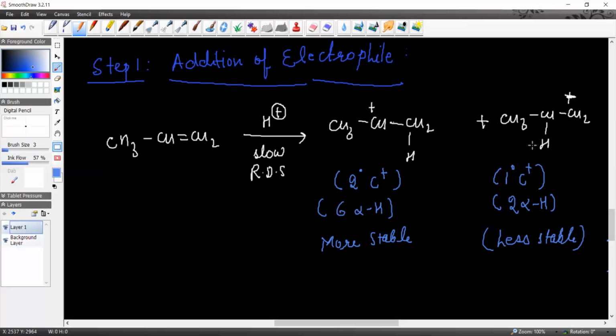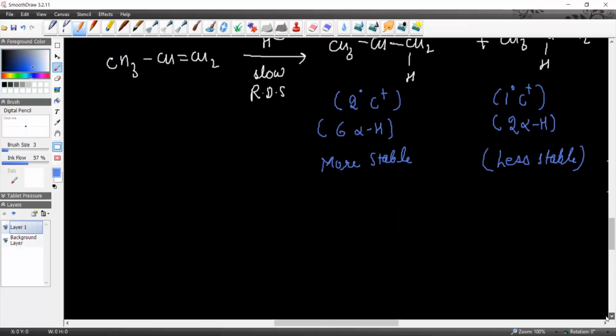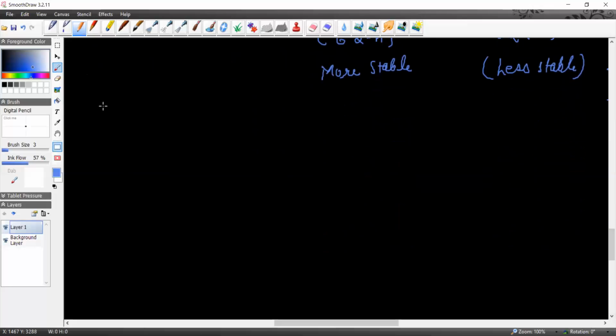I'm not saying that it cannot be formed, but in majority, only the 2-degree carbocation is formed. So on addition of electrophile to an unsymmetrical alkene, we get mainly the 2-degree carbocation, which is more stable. This is the first step.